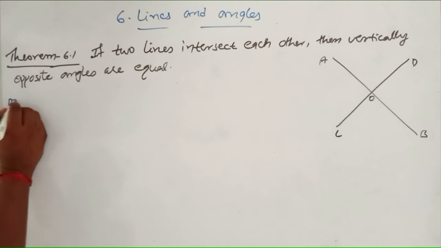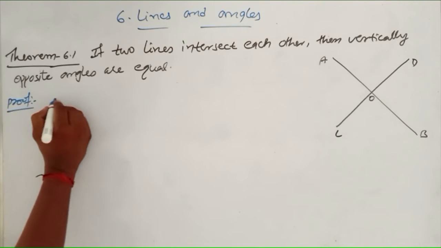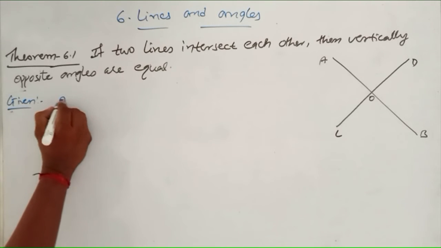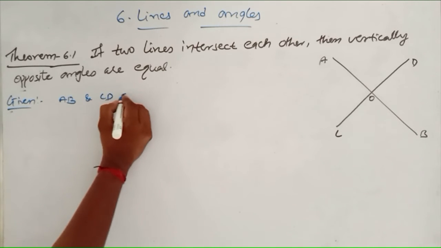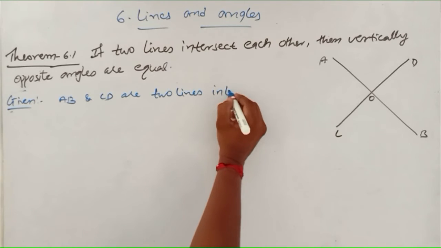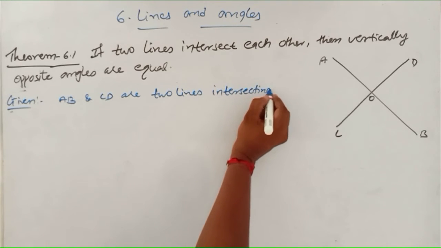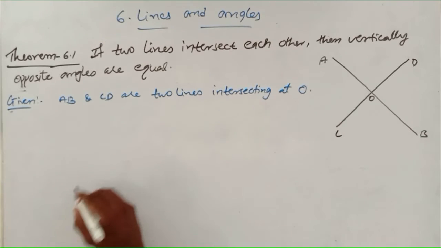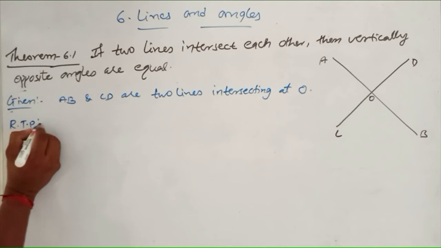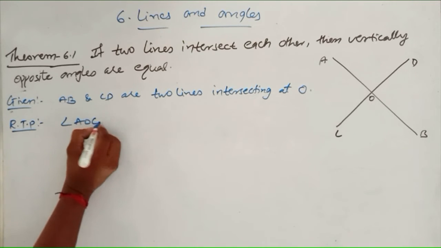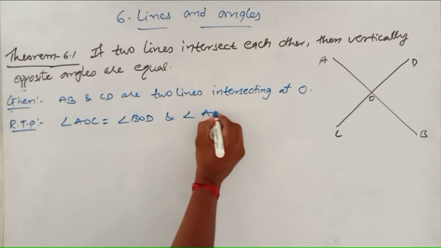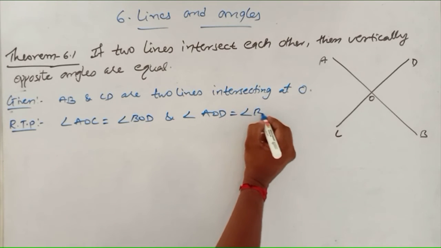In the proof, first is given. What is given? AB and CD are two lines intersecting at O. Now what is required to prove, that is angle AOC is equal to angle BOD and angle AOD is equal to angle BOC.